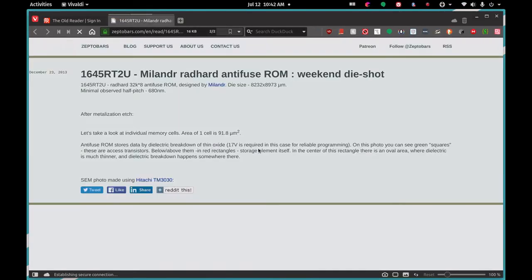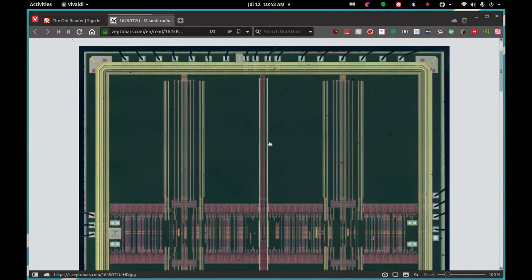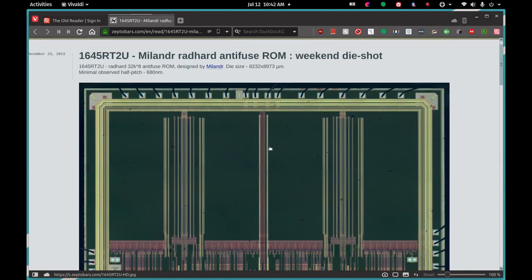So we'll take a jump to this website here, and this is an anti-fuse ROM. Anti-fuse just means that instead of having a fuse that is low resistance and burns out, it starts out with high resistance, and once you apply power to it, it creates a direct connection between two points.